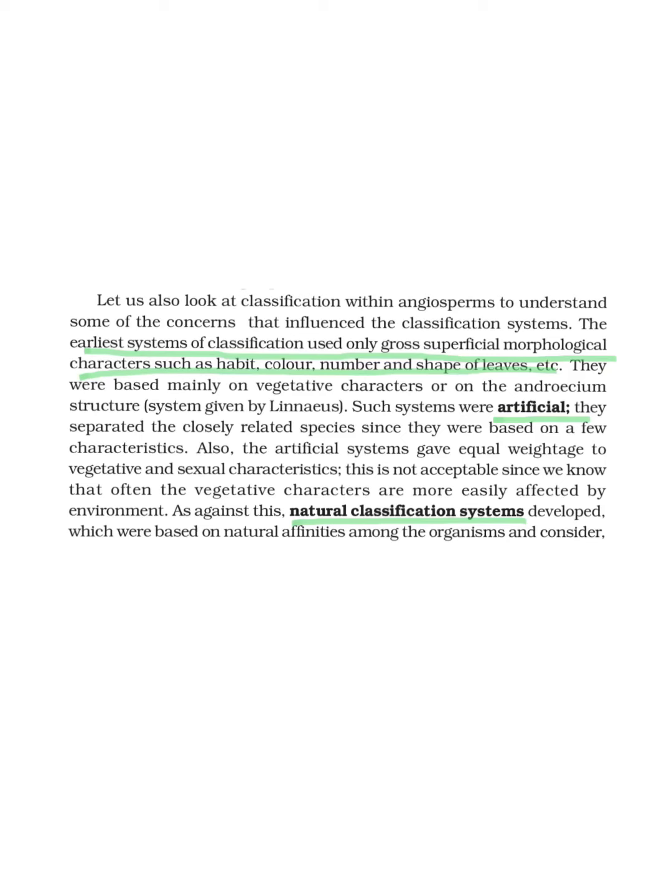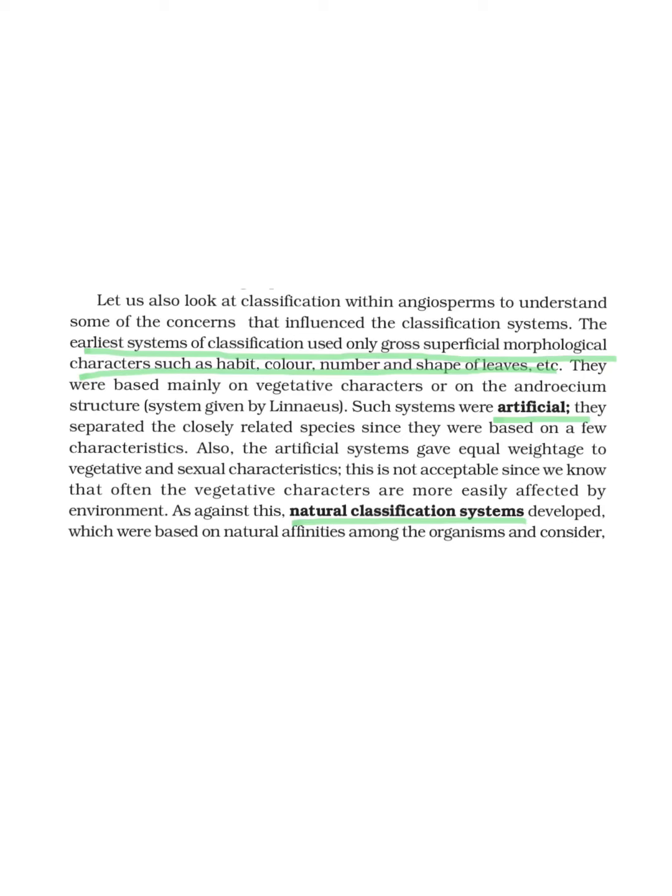They separated closely related species since they were based on a few characteristics. Also, artificial systems gave equal weightage to vegetative and sexual characteristics. So, when androecium and gynoecium studies were included, they were more preferred because the sexual characters are also important, and it was an acceptable one.